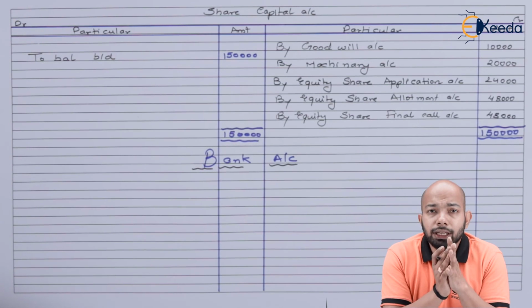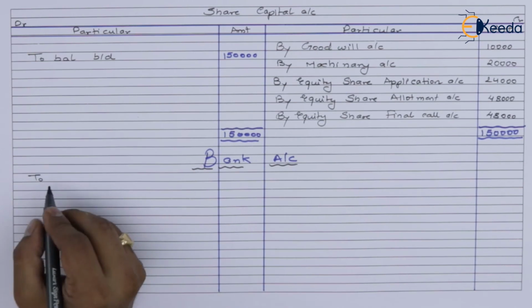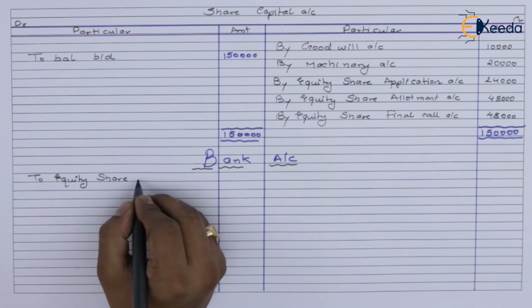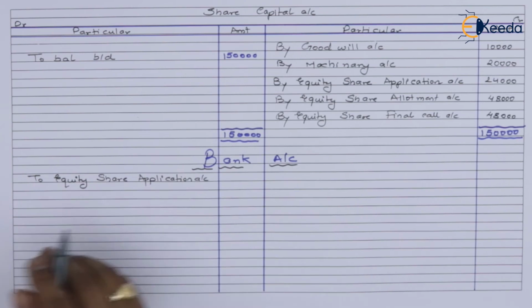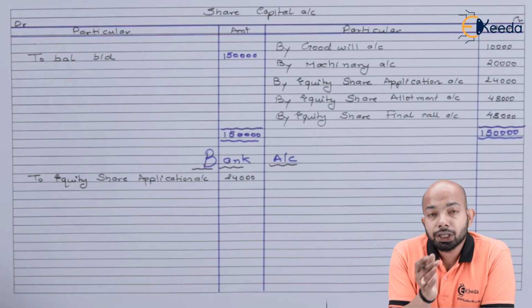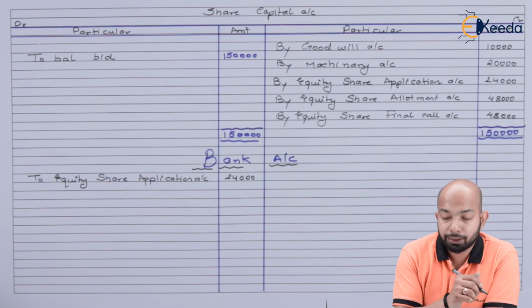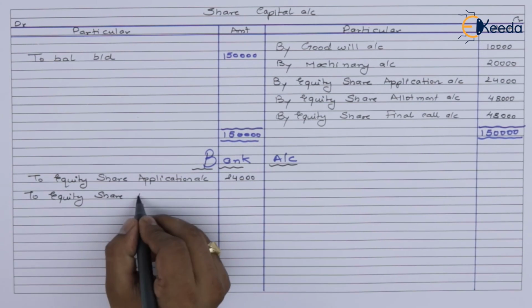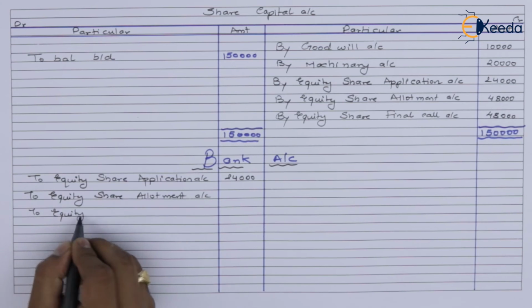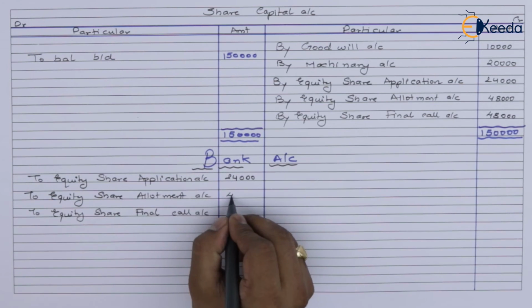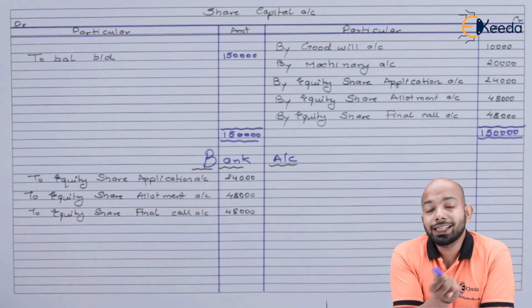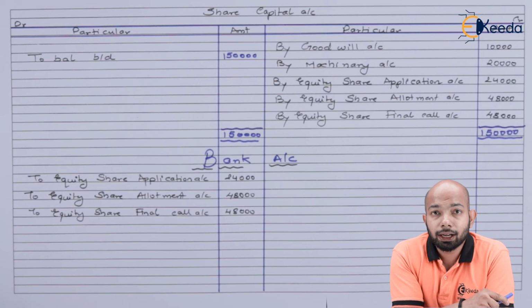So let's mention that thing here. So equity share application 24,000 has been mentioned. The next will be equity share allotment. So these are the only entries that are related to the bank account.